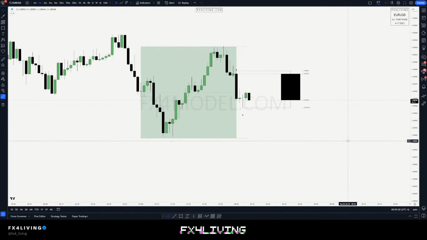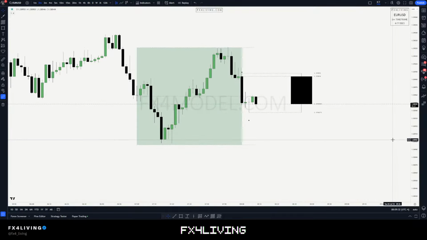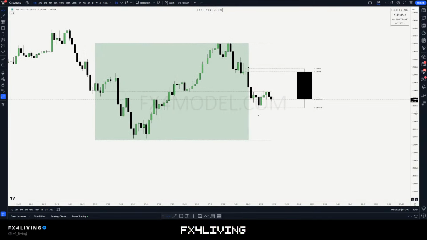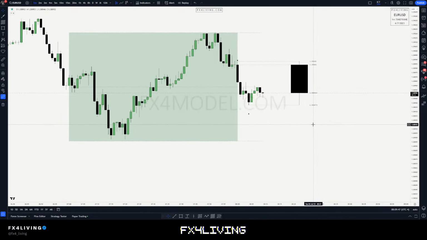Okay. You have a small range, bullish range. Are there any lows or highs that we've taken out? Not really. If we check the previous range, there's nothing taken out.